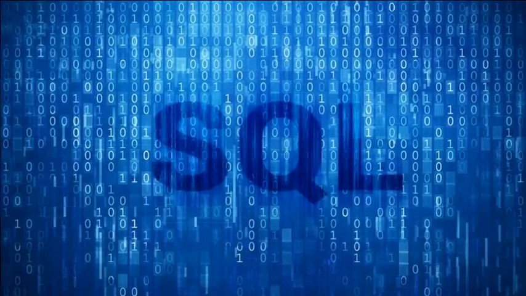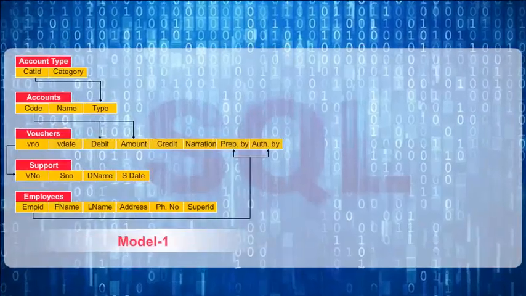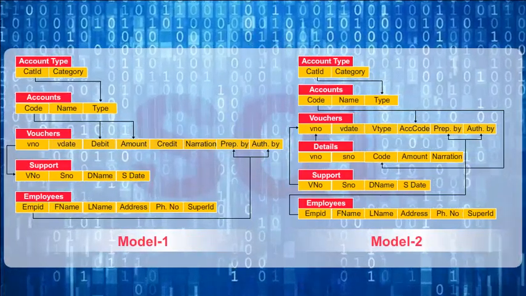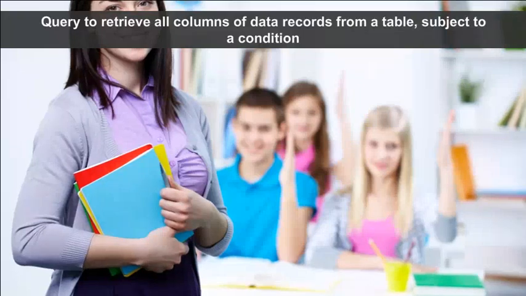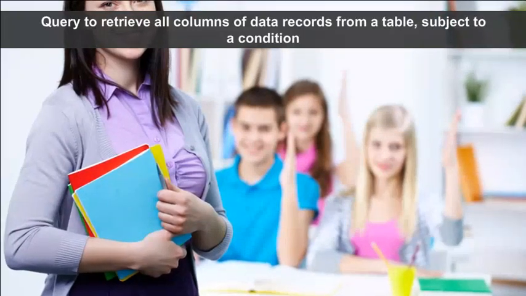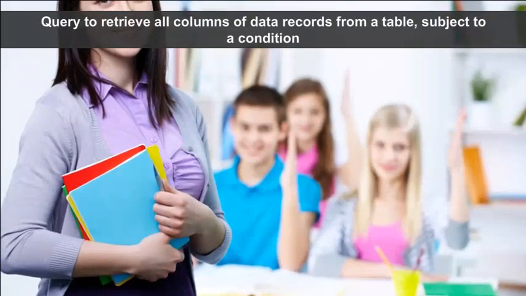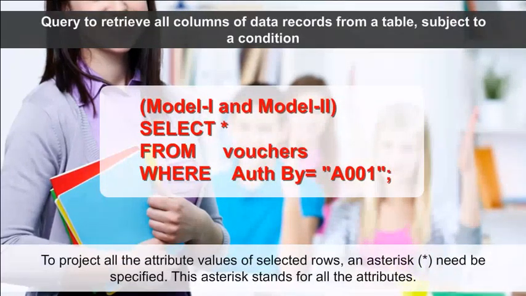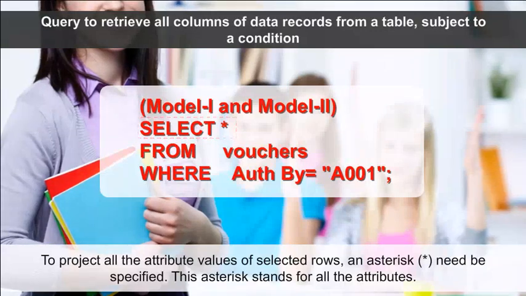Let us take the example of Model 1 and Model 2 to create the following queries. Query to retrieve all columns of data records from a table subject to a condition. To project all the attribute values of selected rows, an asterisk needs to be specified.